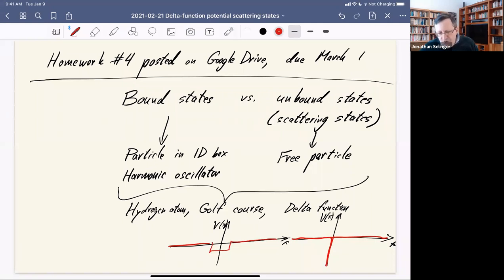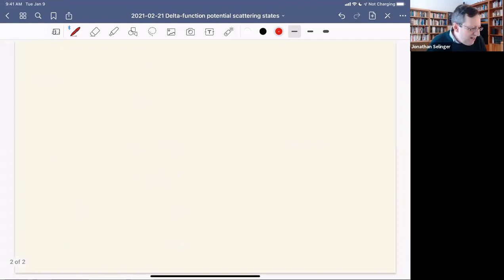At first you might guess no, there can't be any bound states because the potential is too narrow, but you'd be wrong. Or you might guess there could be an infinite number of bound states because the potential is infinitely deep, but you're wrong too. In fact, we did the calculation on Thursday and found there's exactly one bound state, with a particular energy and a particular wave function.